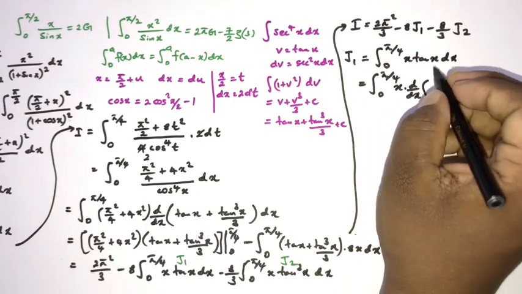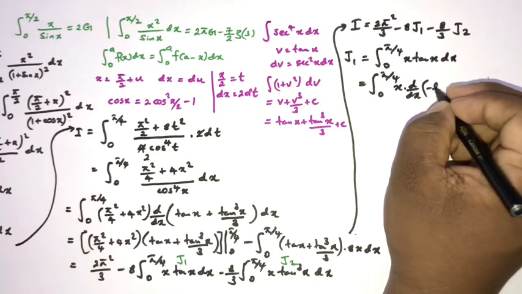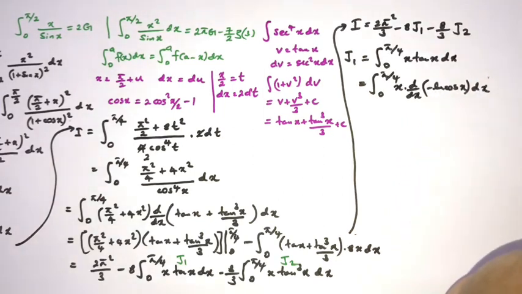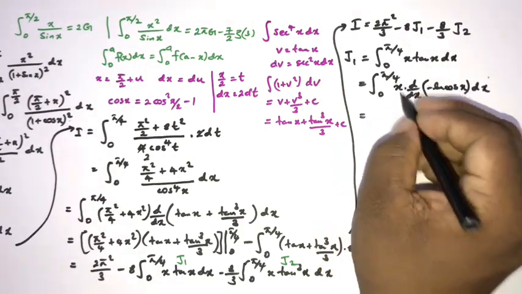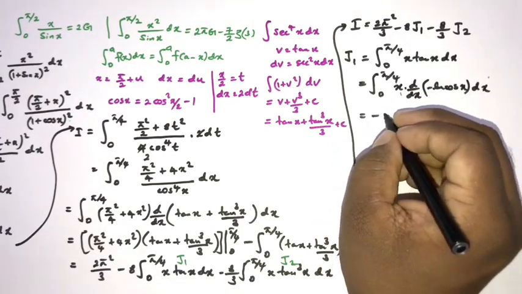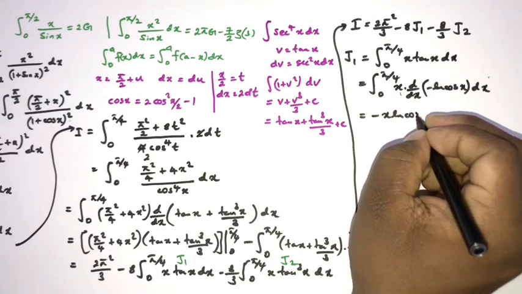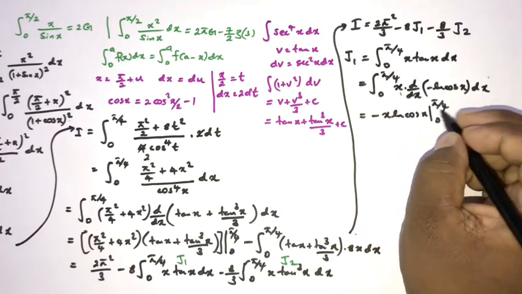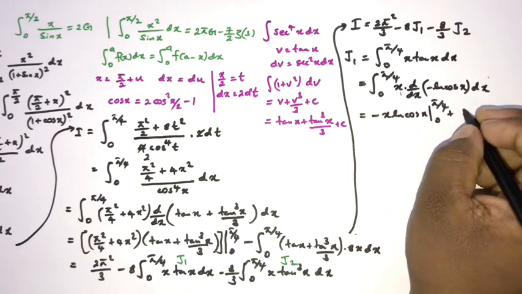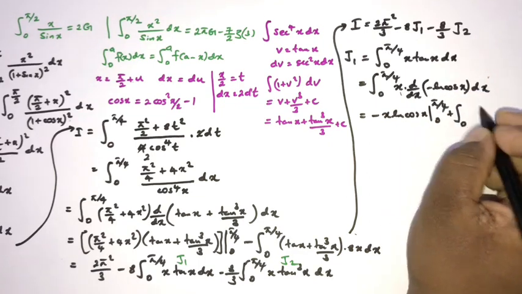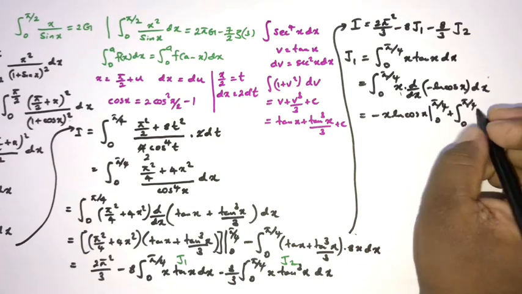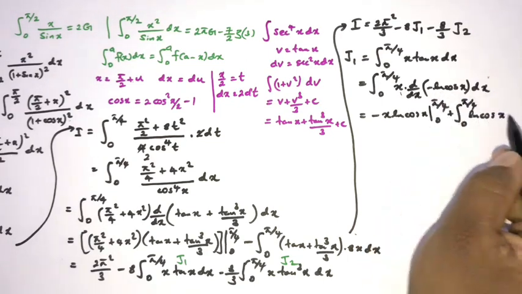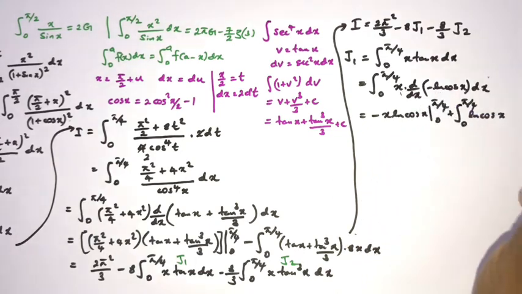Here the integration of tan x we know is minus natural log of cos x, then the product of these two functions, so minus x times natural log of cos x from 0 to π/4, then minus, but here minus, so plus the integral from 0 to π/4 of natural log of cos x times the derivative of x, we know 1.